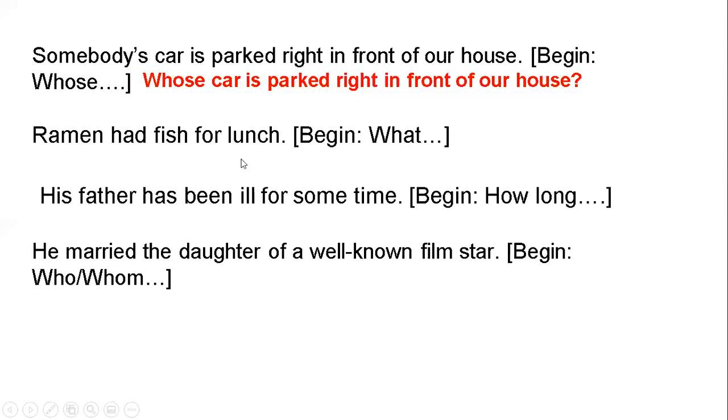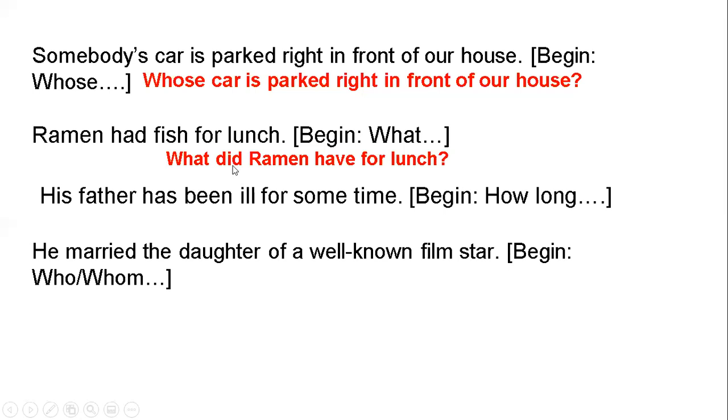Raman had fish for lunch. Begin with what? So get your one word answer first. Leave that word out. Think if you're going to interchange any words. Think if you're going to change the verb. All right. And the answer should be, what did Raman have for lunch? What did?